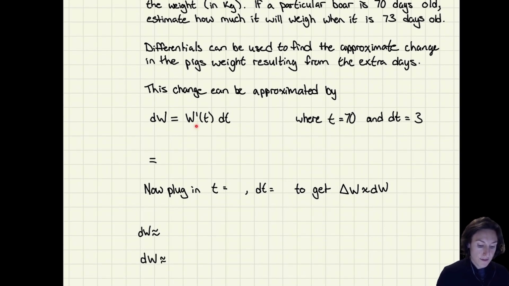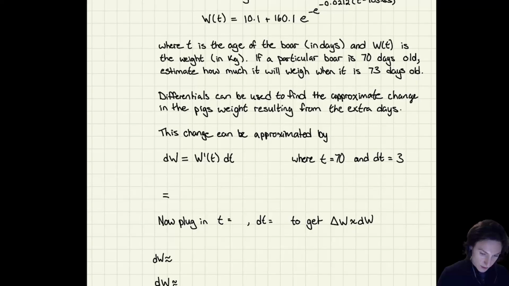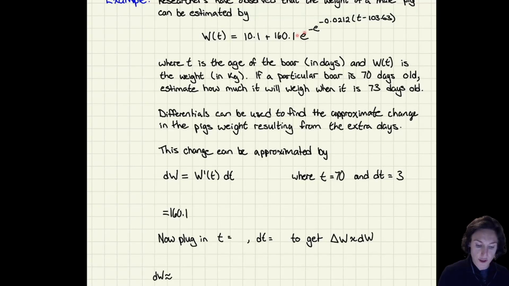So I know how to find the derivative of that function. The derivative of the first term here is 0, because it is a constant. Then I have 160.1 times this very beautiful function, e to the power of e to the power of stuff with t.